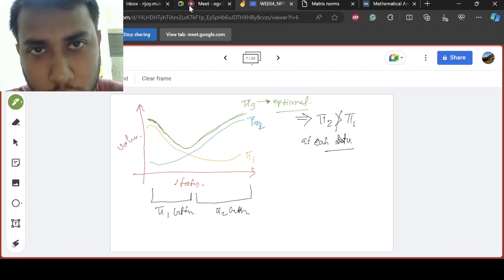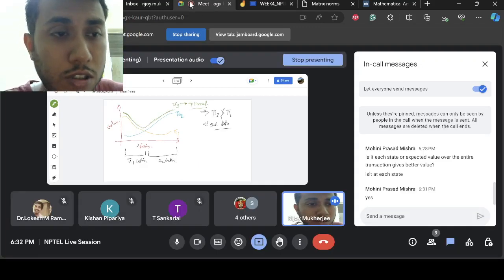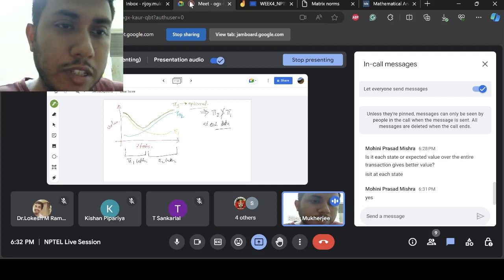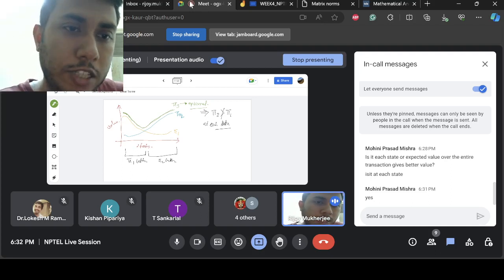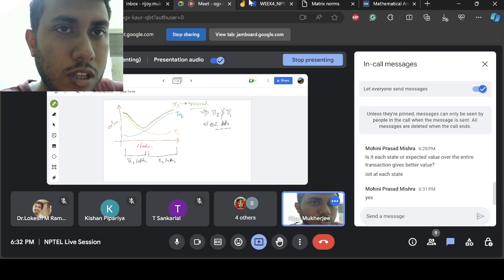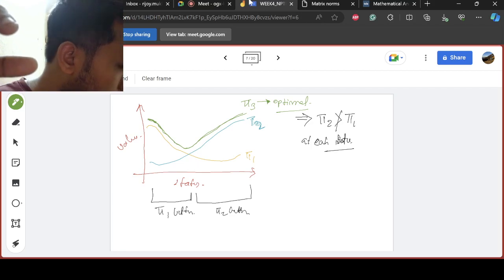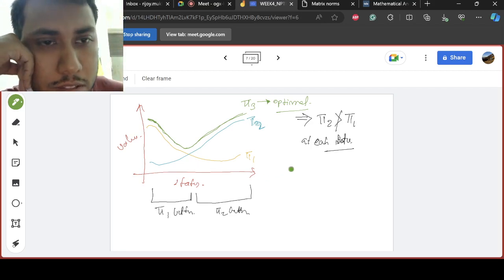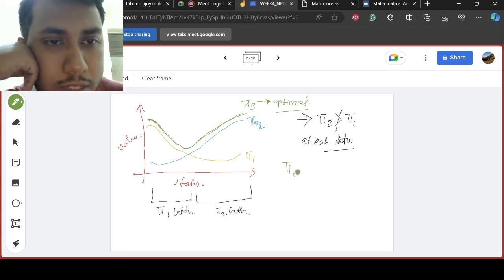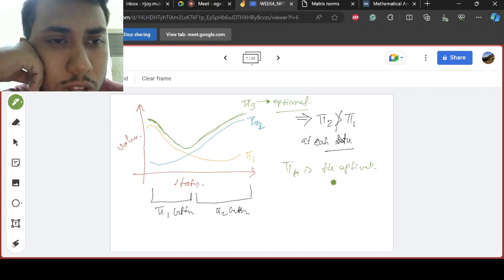Your Bellman equation has some optimal versions, which were given in the class. Your optimal Bellman equation will be something like this. Suppose pi star is the optimal policy.